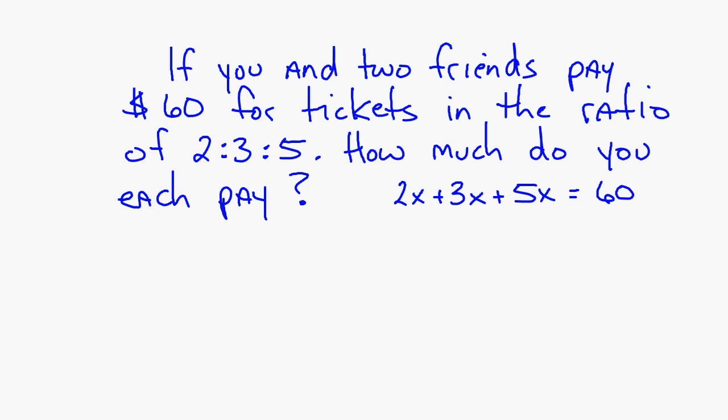The next step is to combine your like terms. 2x's and 3x's and 5x's gives you 10x equals 60. If you divide each side by 10, your multiplier, or your x, is going to be equal to 6.